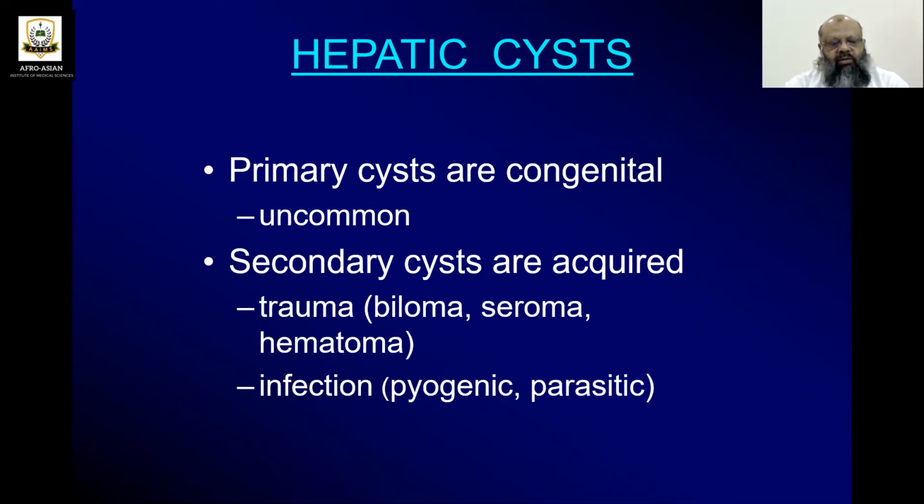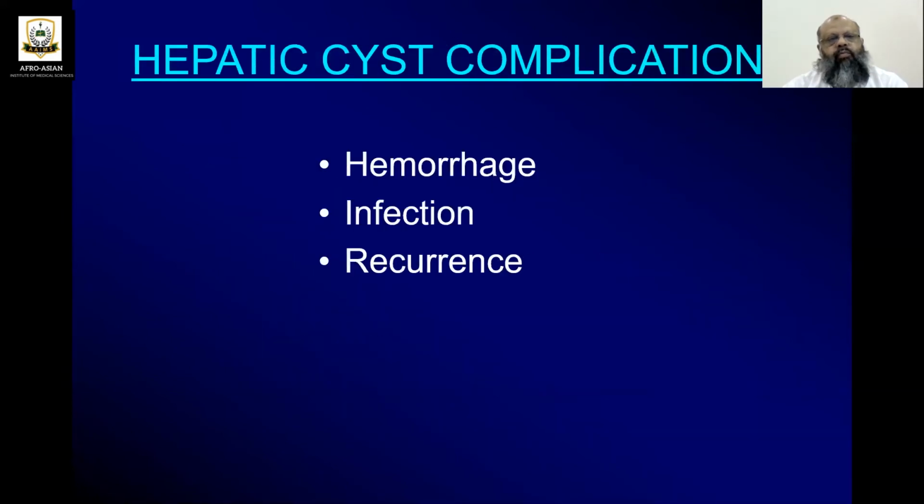Secondary cysts can be infectious due to infection like pyogenic or parasitic. There are few complications of the hepatic cyst like hemorrhage, infection, and recurrence.